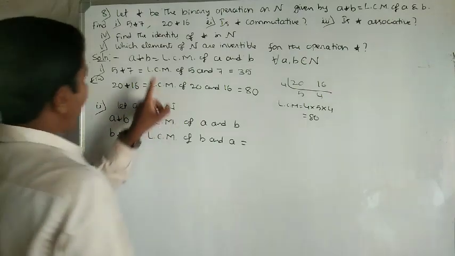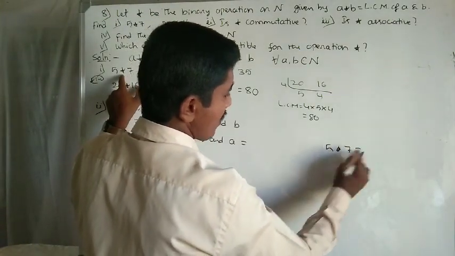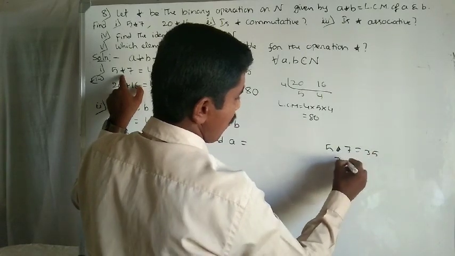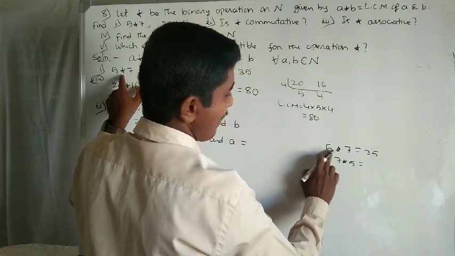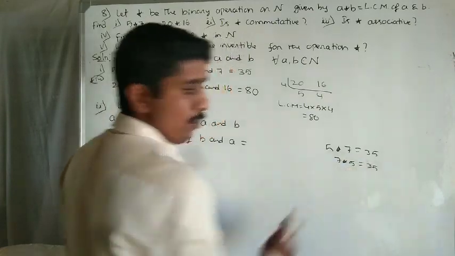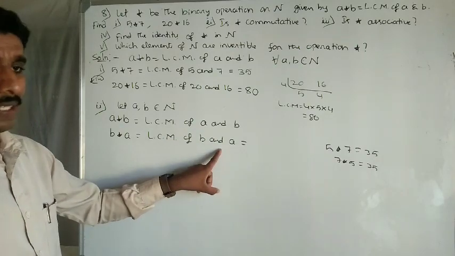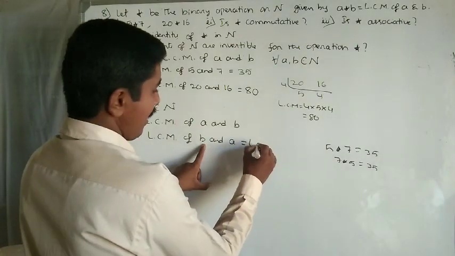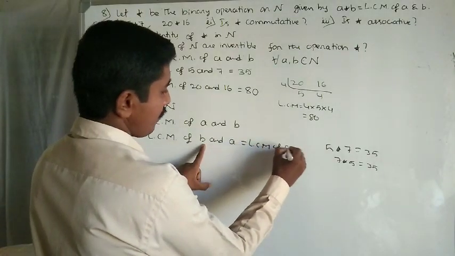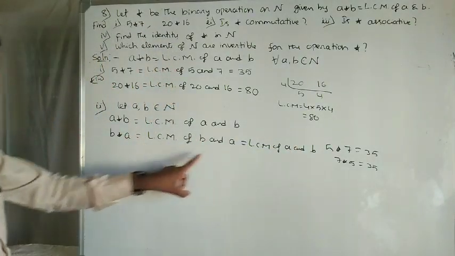Got it. One example: 5 star 7 means LCM of 5 and 7, 35. Suppose 7 star 5, just interchange the two elements, LCM of 7 and 5 is 35. Both are the same. Therefore LCM of A and B equals LCM of B and A. These two are equal, obviously.